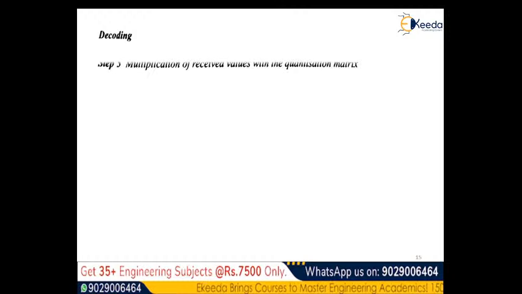Now we shall see the decoding part. In continuation of the steps, it will be step number 5. In step number 5 we have to multiply the received values with the quantization matrix. Again it is the same quantization matrix that was provided in the problem statement.